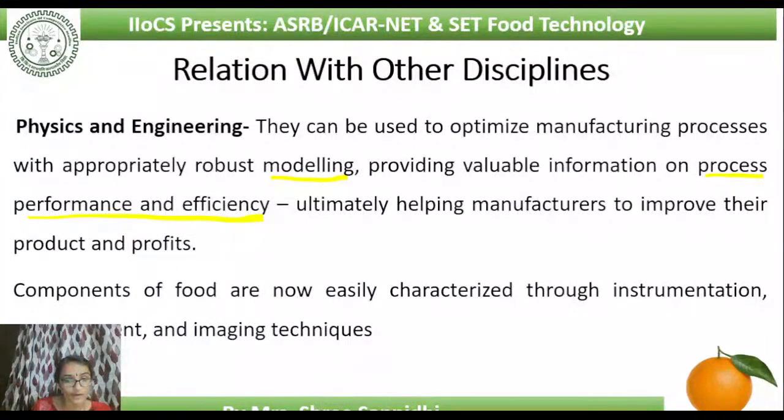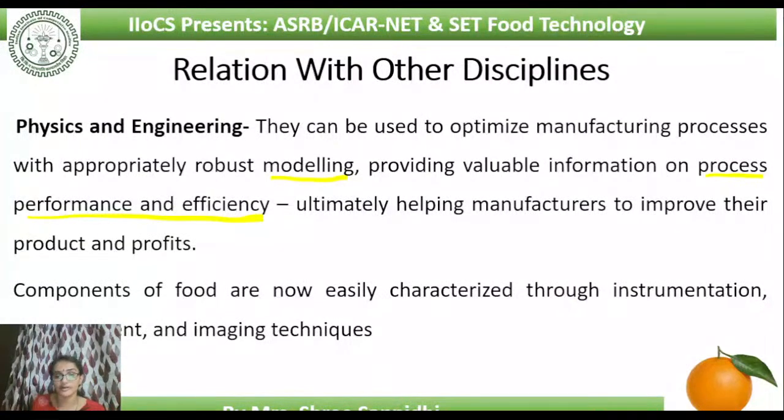Components of food are now easily characterized through instrumentation, measurement, and imaging techniques. For example, we have instruments for each and every process in the research. We have a texture analyzer. There may be many errors in human analysis, so the texture analyzer will automatically find how hard or how soft the food is.